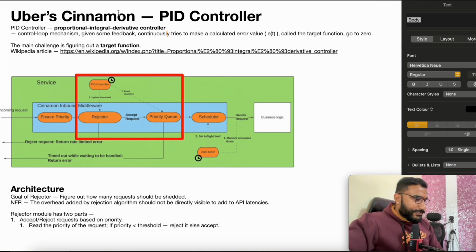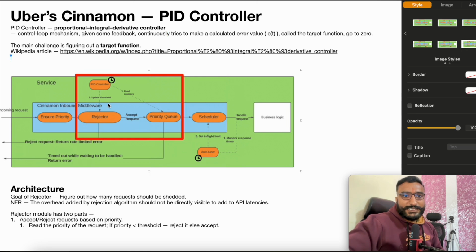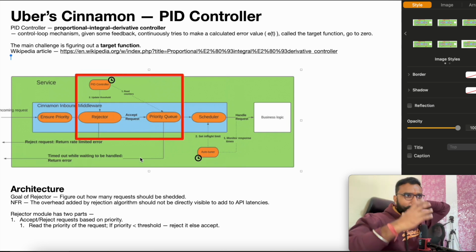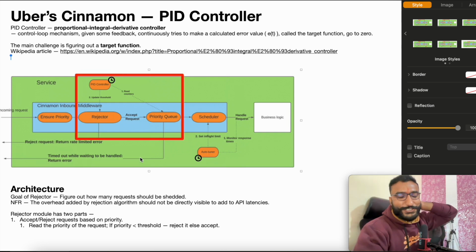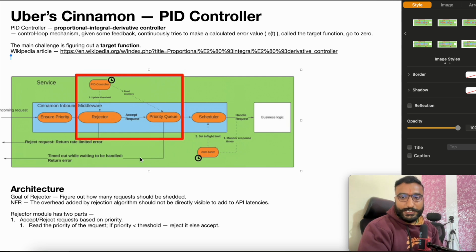Now let's take a quick example. This is the diagram of the Uber Cinnamon architecture which we discussed in the previous video, but let's take a quick example here to give a head start to our video today. So take an example of any car you drive, any of your favorite cars. There is a feature called cruise control in most modern cars.